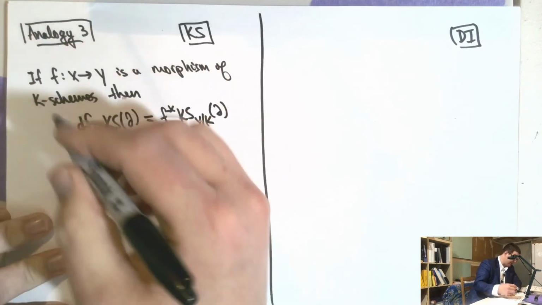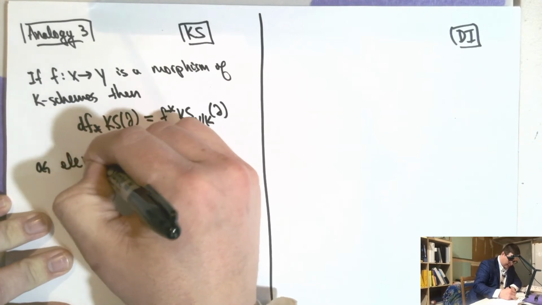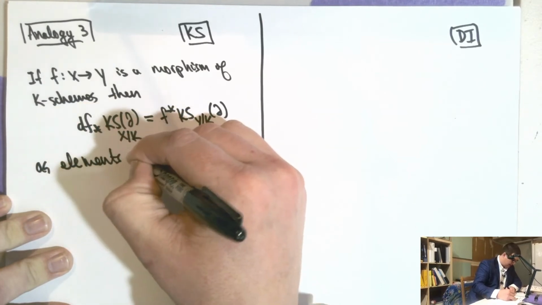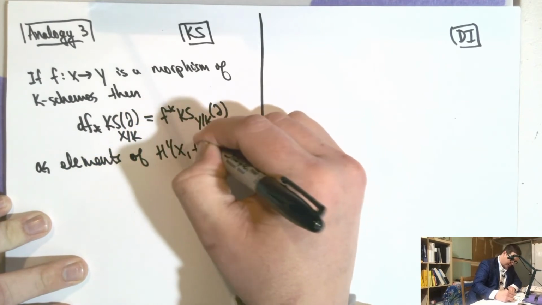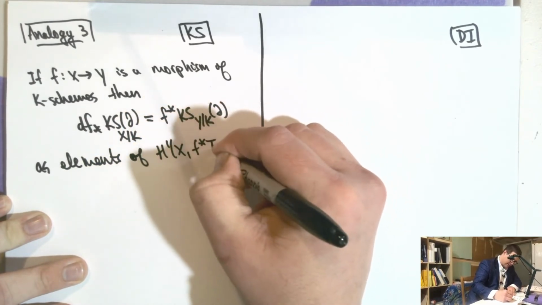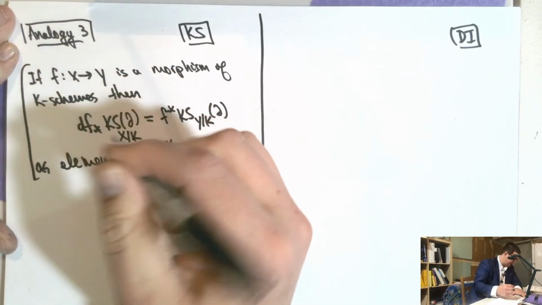So this is, I guess, a theorem, as elements of H1(X, f star T of Y over K). Okay, so this is a theorem.